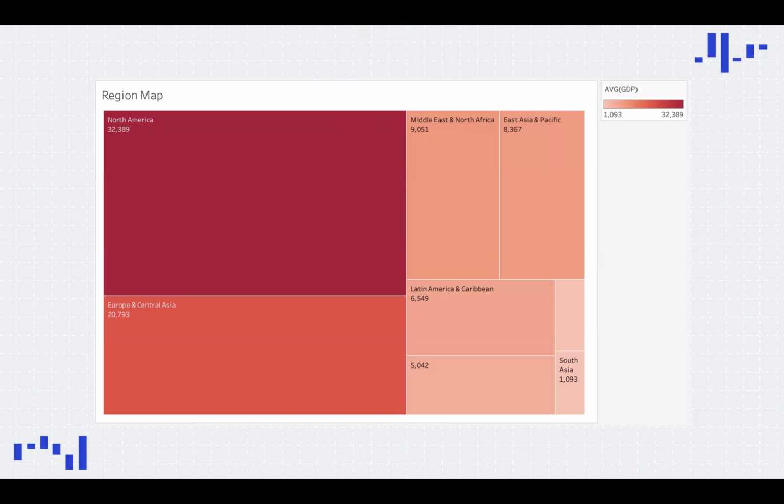From this analysis, we can clearly see the distribution of global economy and the economic difference between regions. High income countries dominate the global economy, while low and middle income countries need further development and support. I recommend the policy makers pay attention to global economic imbalance and promote economic cooperation and development. Next slide.